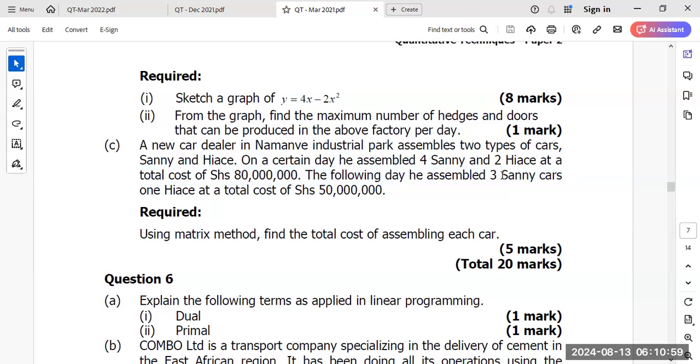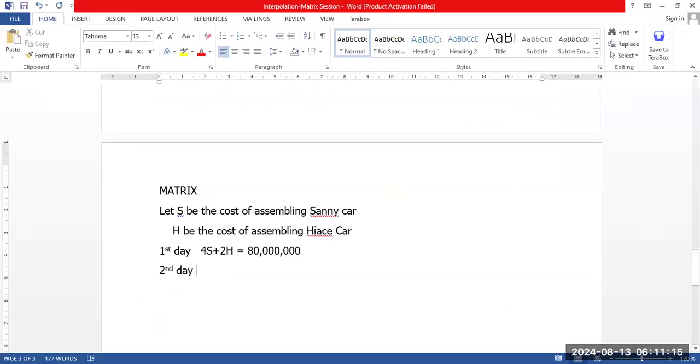But that cost we have defined to be S. So we get 3 times S, then we add 1 times H, then everything we get, we equate it to 50. So 3S plus H will be equal to 50. So those are your equations.